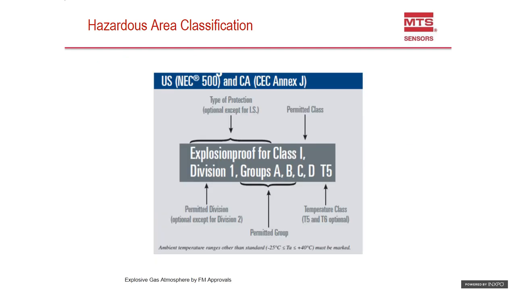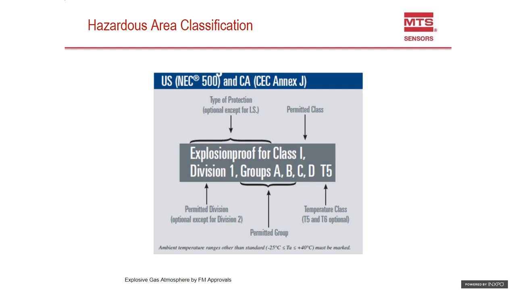The next part is actually looking at some of the example markings, and we're going to start with the division concept for the U.S. and Canada. So here it starts by writing out the name of the protection method. Here we have explosion proof, and then we have Class 1, Division 1. So we now know the location. We have the gas groups.